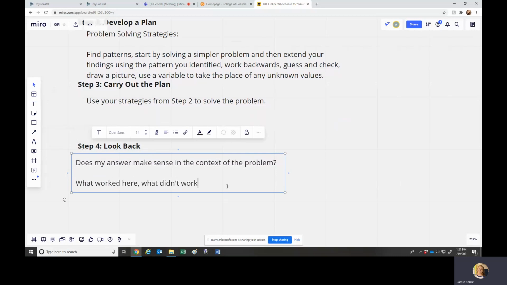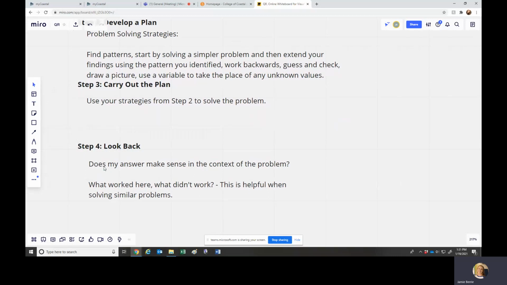What didn't work? This is helpful when solving similar problems. So ask yourself, what worked here? What strategy did I use to answer this problem? And then you can use that strategy on future problems that look similar.